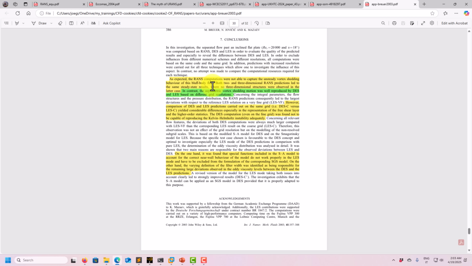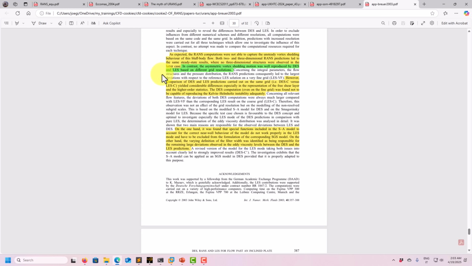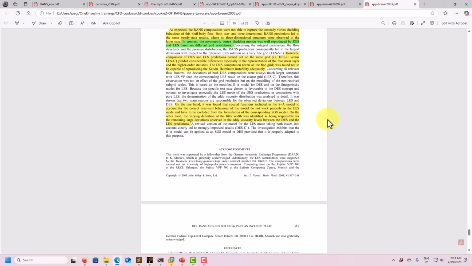In contrast, the asymmetric vortex shedding was resolved with LES. Then with this LES they carried out a comparison of different meshes, and it sometimes failed, but it failed when it came to the RANS mesh close to the body, where the RANS approach was applied. That is what they talk about in there.